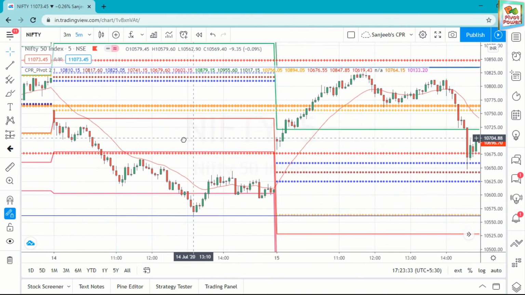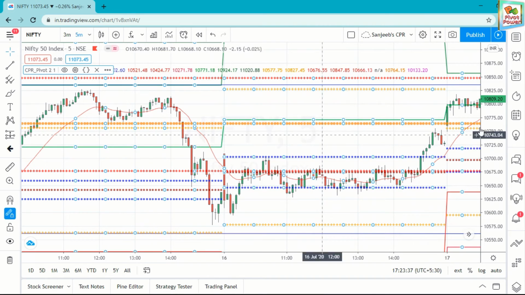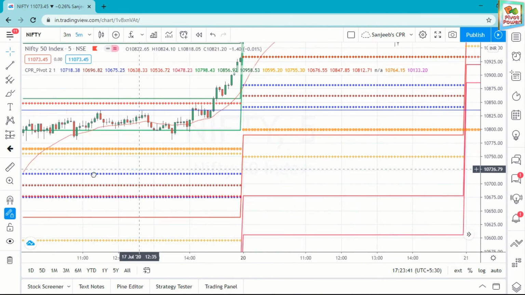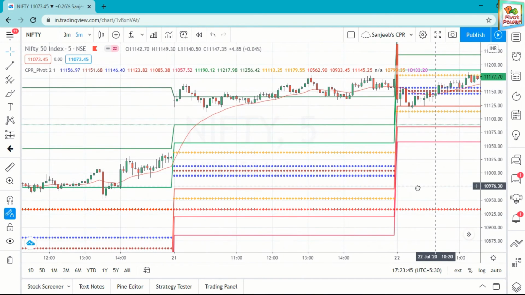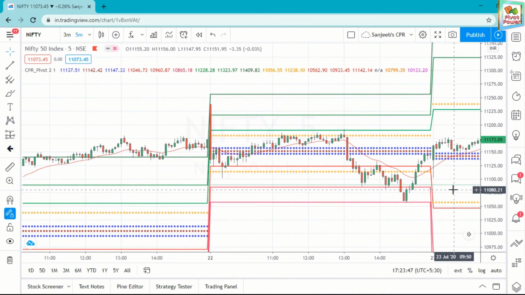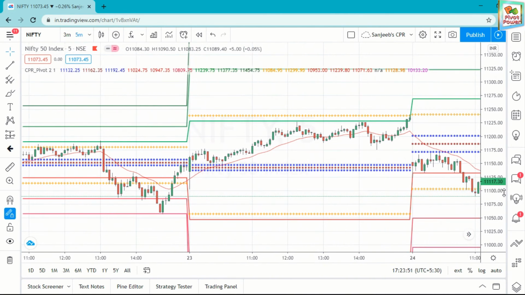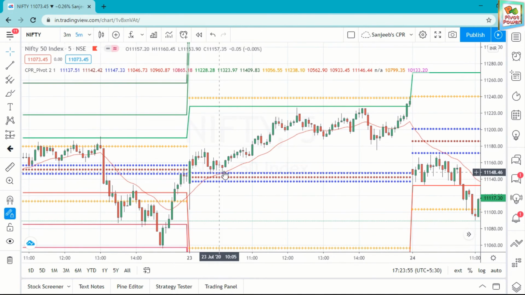See another example day. On another day we can see this is a wide CPR. This is also wide. See here, this is a narrow CPR.